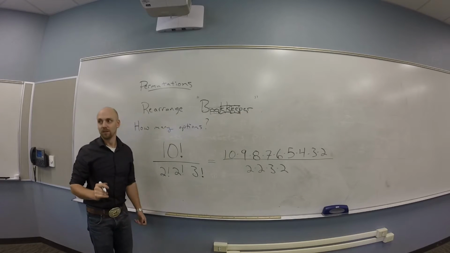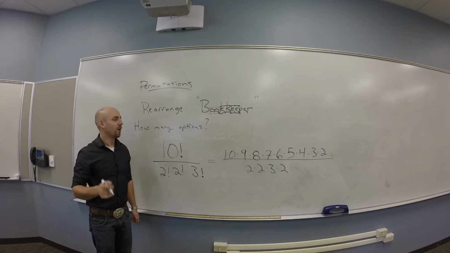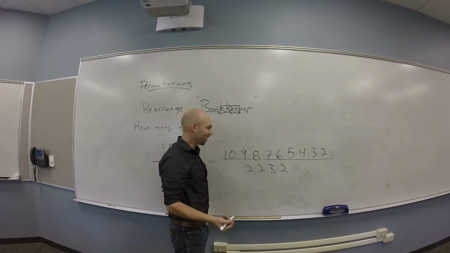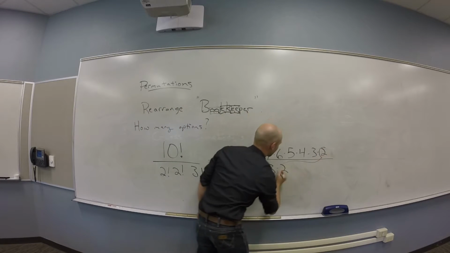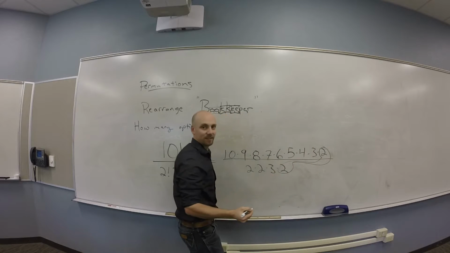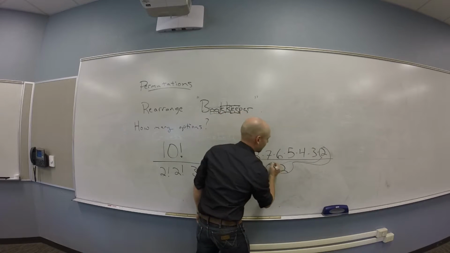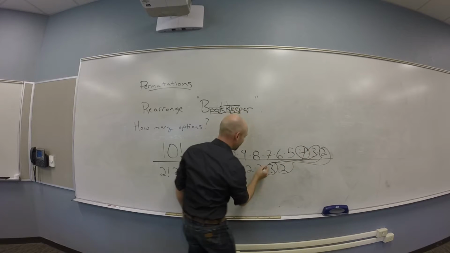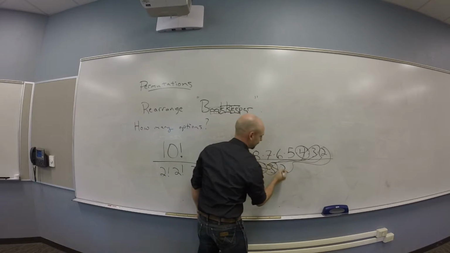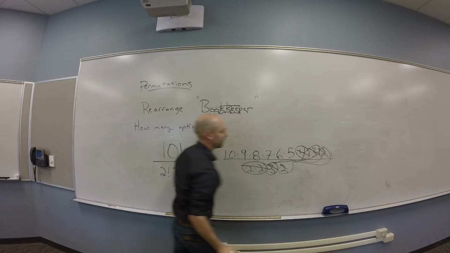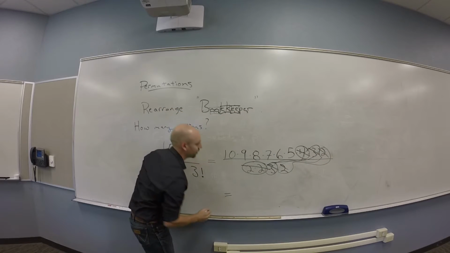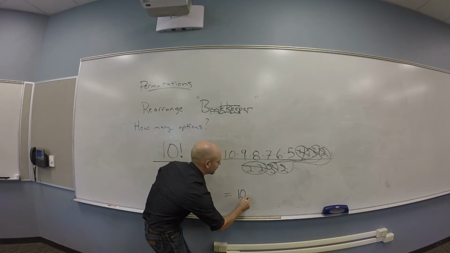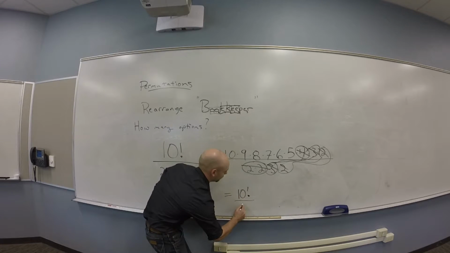You guys all see that? Okay, so I can do some canceling, right? Onesies. So we can onesie some 2s and some 4s, and some 3s, and that 4 and that 4 there. And so all told, I could reduce this to 10 factorial over 4 factorial.